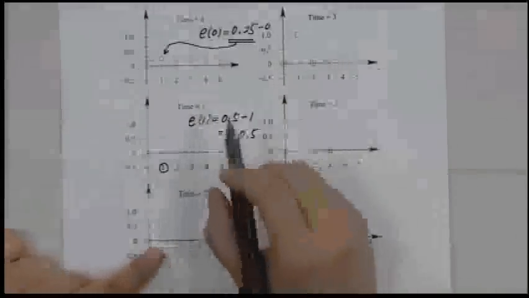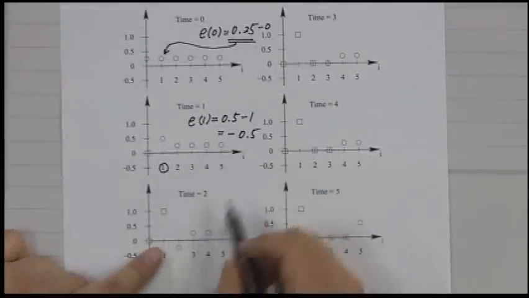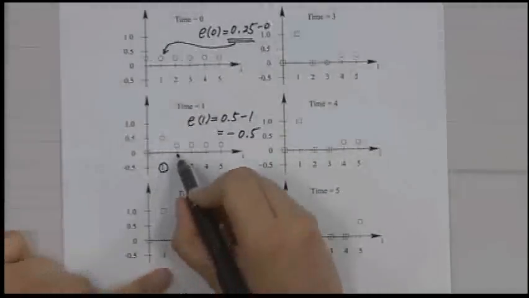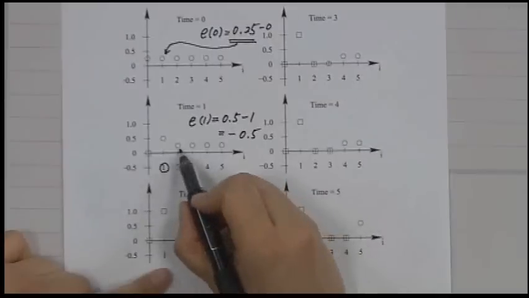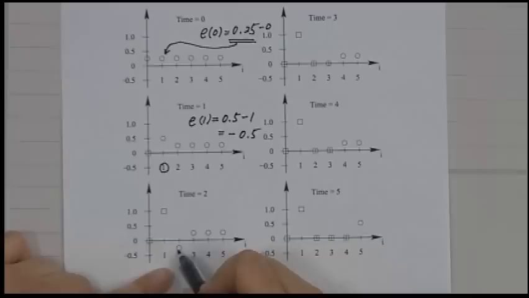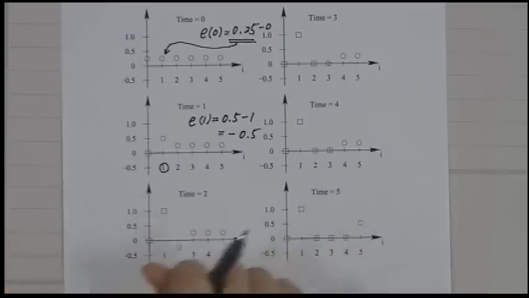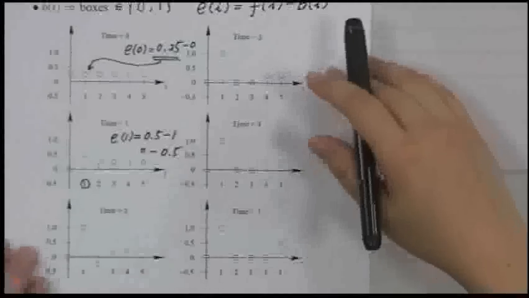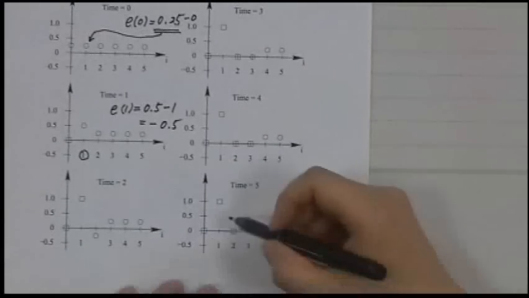I want to propagate this error to the next data. The next data is 0.25, so we add this negative number and it becomes minus 0.25. And then we perform thresholding. We just do this procedure repeatedly, and the final outcome is like this.